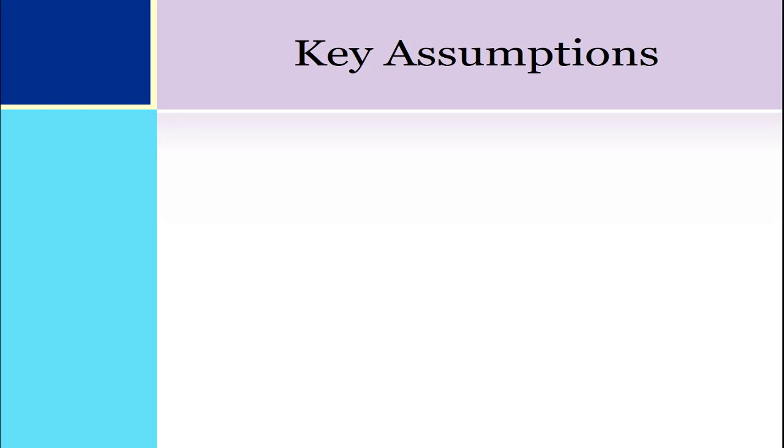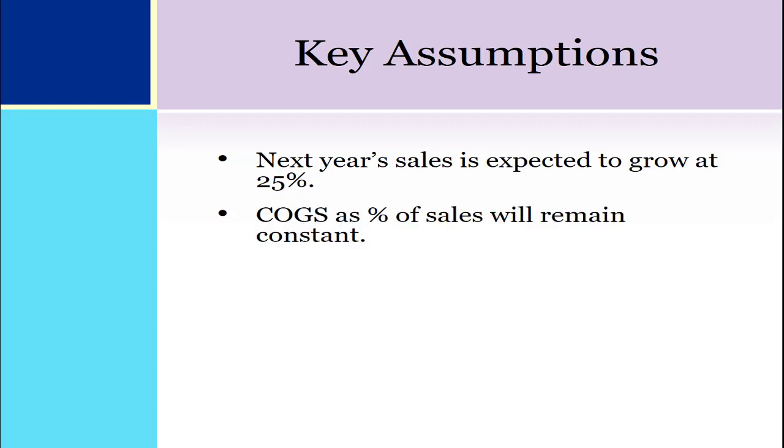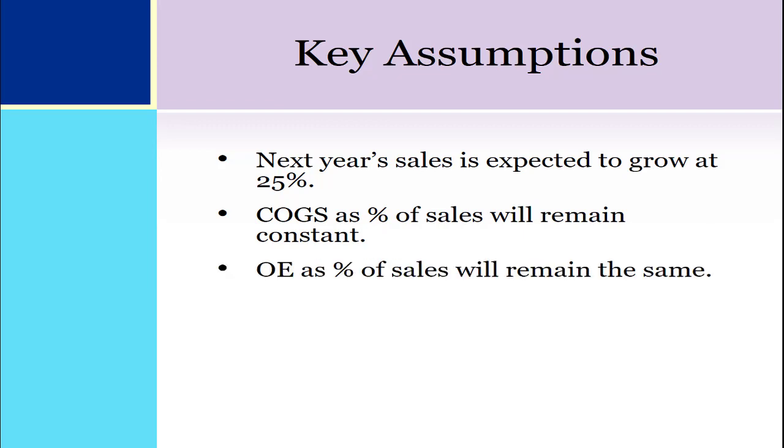For our example, the first assumption is that next year's sales are expected to grow at 25%. In real life, there are different models and techniques to forecast sales, but for our example, we are just assuming that next year's sales will grow at 25%. The next assumption is cost of goods sold as a percent of sales will remain constant. Next, operating expense as a percent of sales will remain the same.